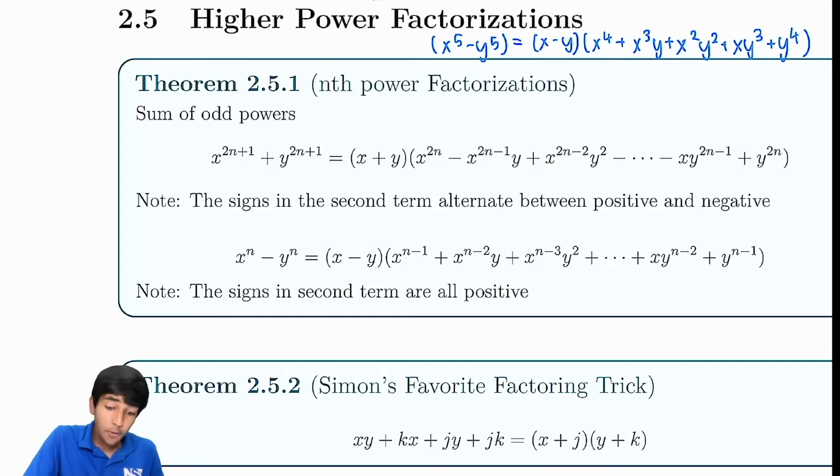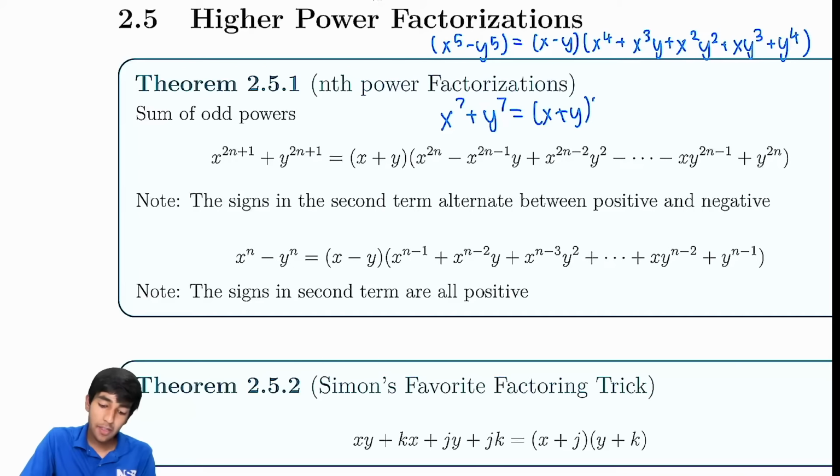And for only odd powers, you can also have the sum factorization. So for example, x to the 7 plus y to the 7 is x plus y, and then times x to the 6, and then minus x to the 5 y plus x to the 4 y squared. Always the degree of every term in this is going to be 6.